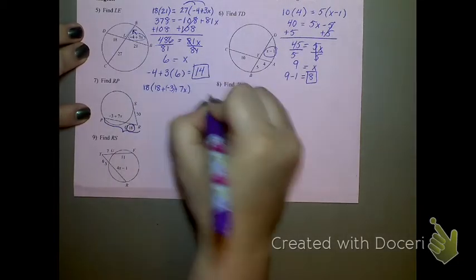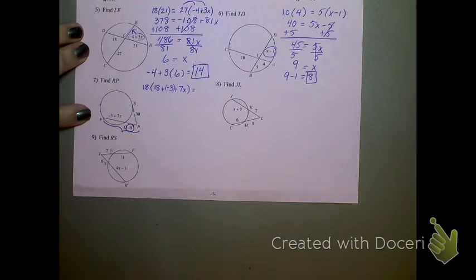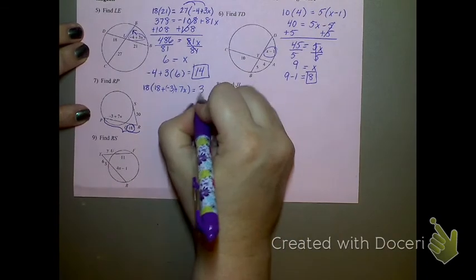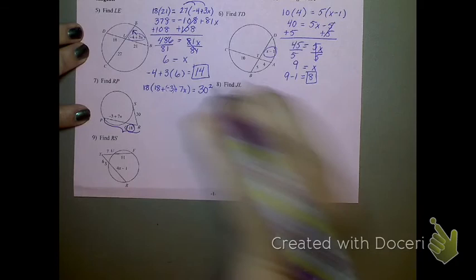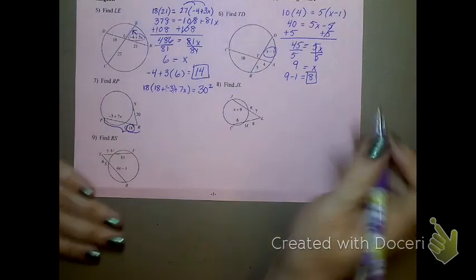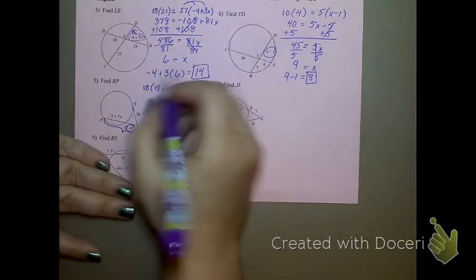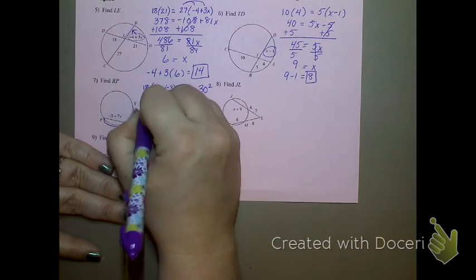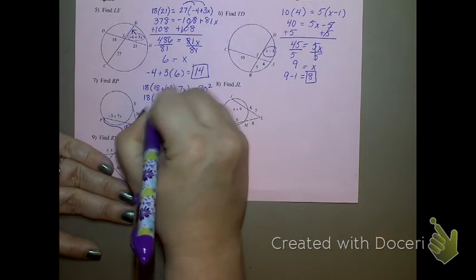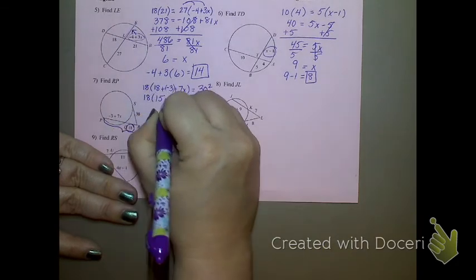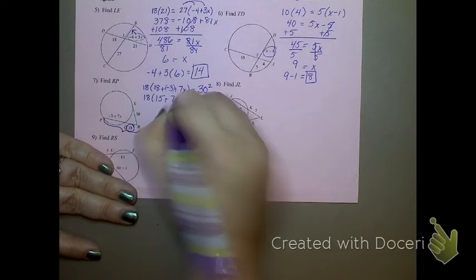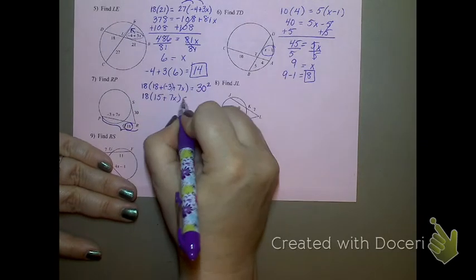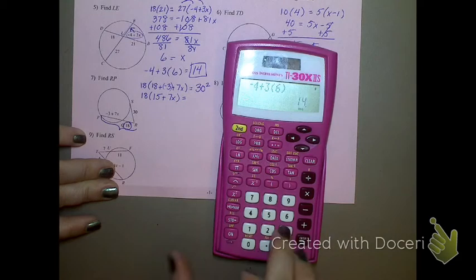Yeah? Equals, what do I do to the other side? Square it. Right? Because there's no outside part and whole. So let's see. I'm going to do a little bit of simplifying in here. 18 plus negative 3 is 15 plus 7x equals, what's 30 squared? 900.